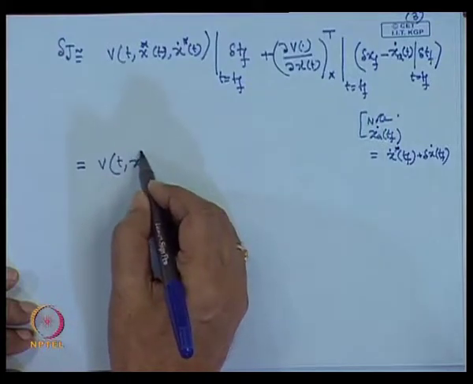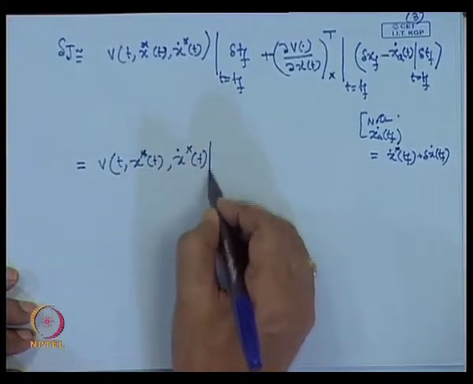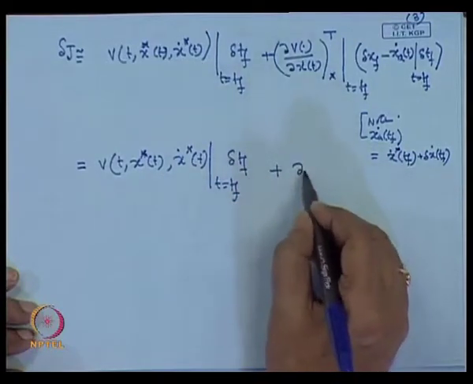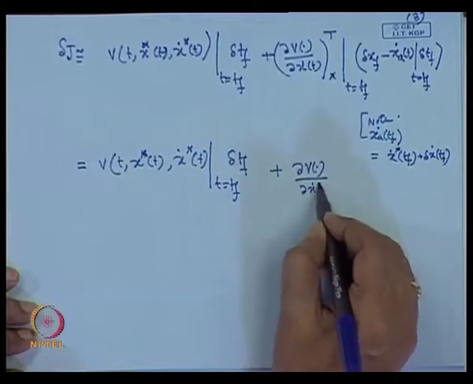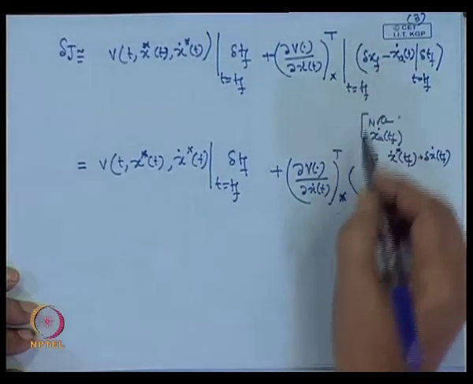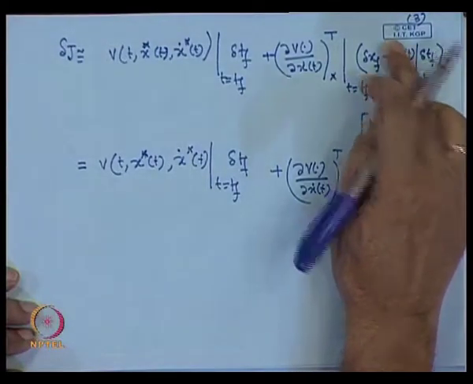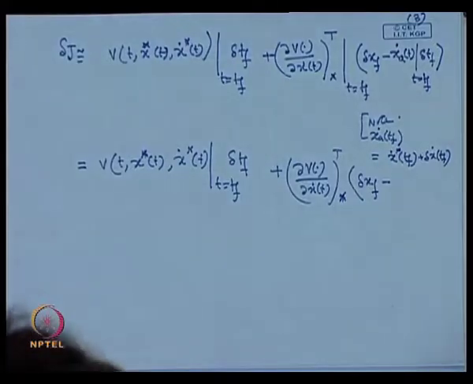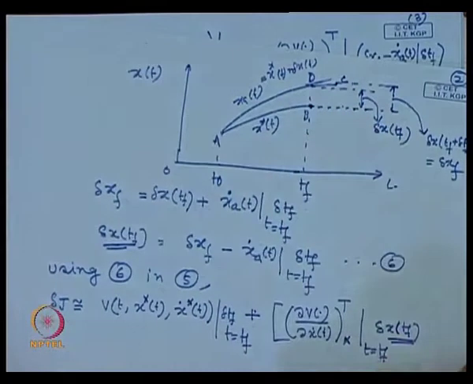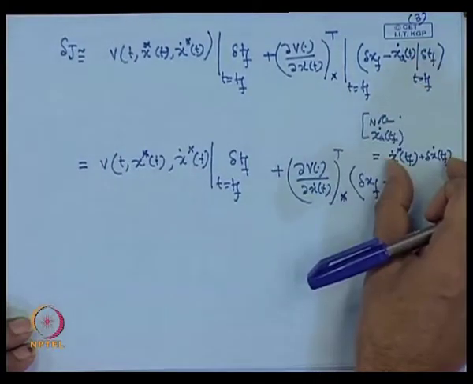We have x dot star of t at t is equal to T_f times delta T_f, plus the gradient of V with respect to x dot, whole transpose, as it is, times delta x_f. And this term x_a dot of t is the neighborhood trajectory of the optimal trajectory; at this point you are finding the slope multiplied by delta T_f.